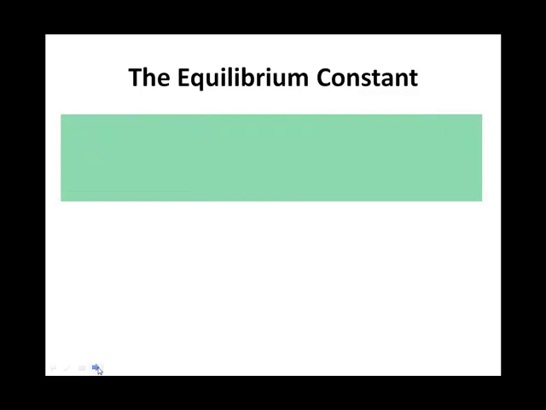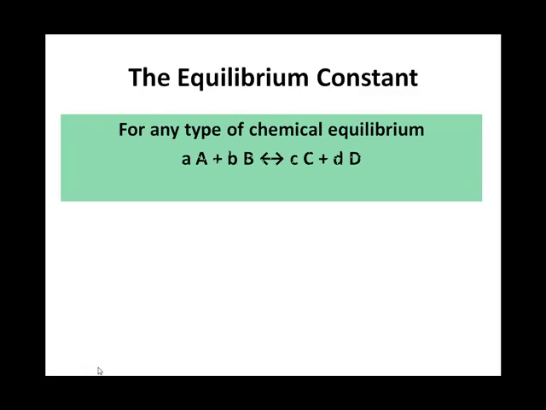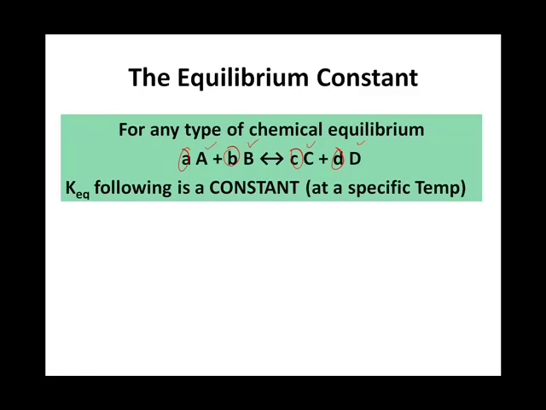Alright, today we're going to take a look at the mathematical relationship between equilibrium and its position. For any type of equilibrium reaction, we always have the double arrow where, in this case, these lowercase letters represent the number of moles and the uppercase letters represent the species, either the reactants or the products.